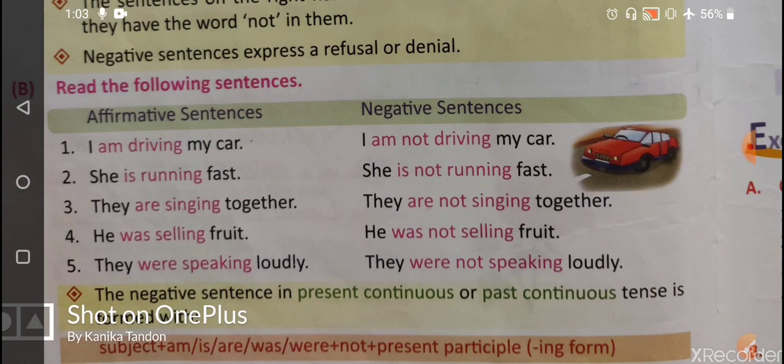If the subject is singular, what will we use? Am, is or was. But if the subject is plural, what will we use? Are or were. Plus not plus present participle in the ing form. The verb is in ing form. I hope it is clear to you all.